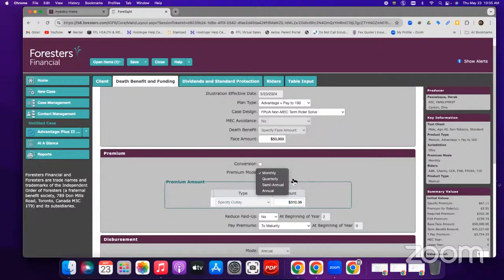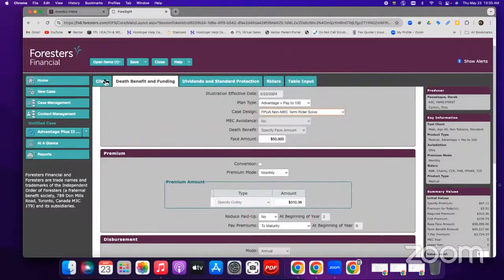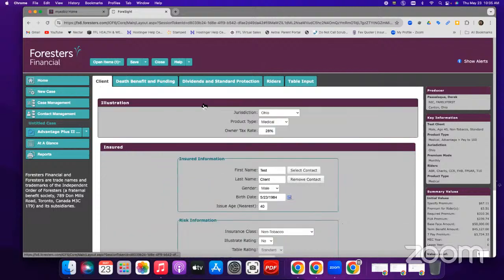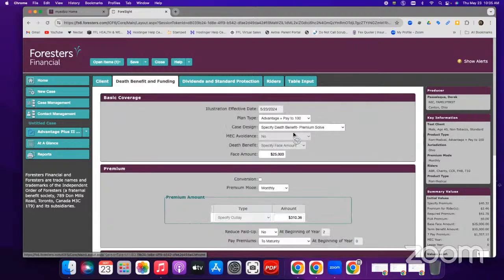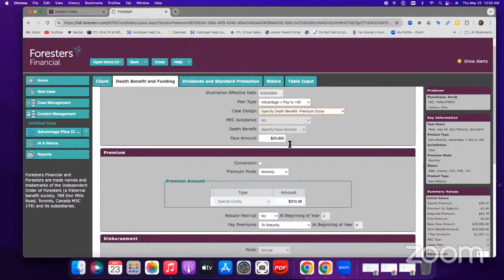So first, let's actually do a regularly designed one. Let's just go back here. We're just going to do a regular old pay to 100, specified death benefit, will solve for premium.